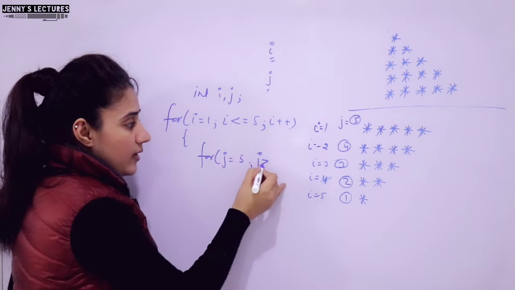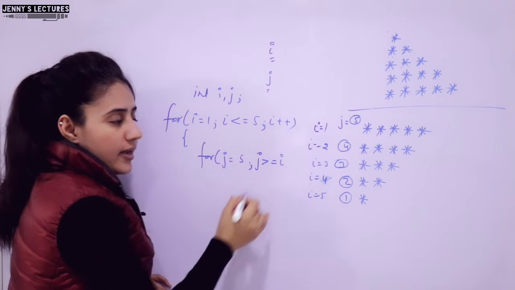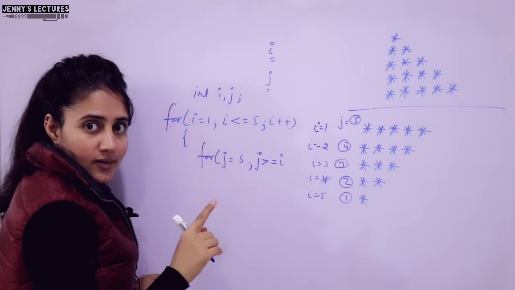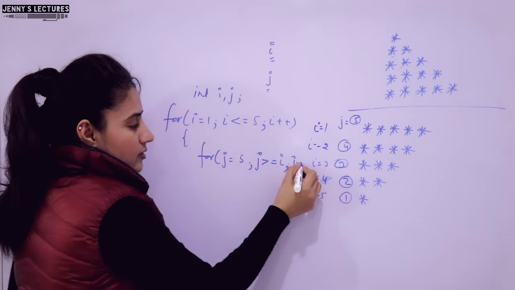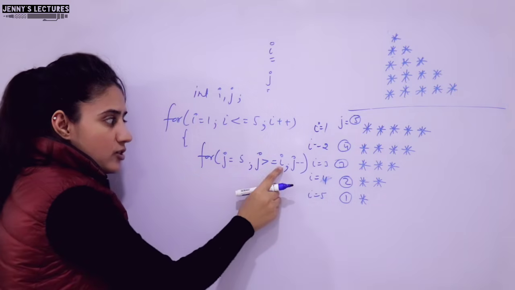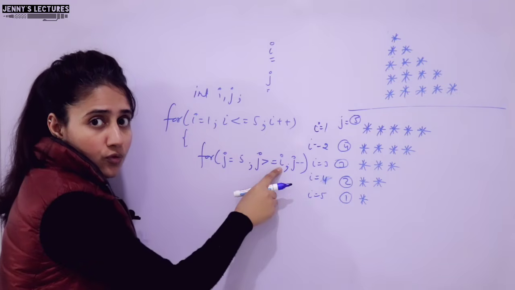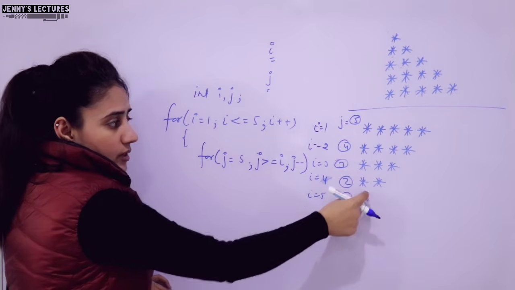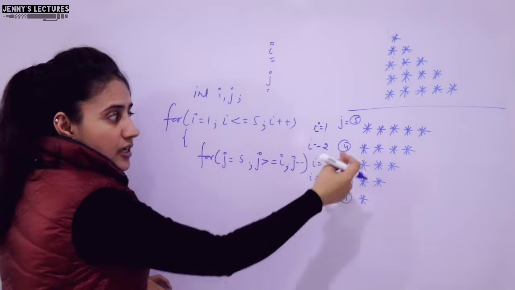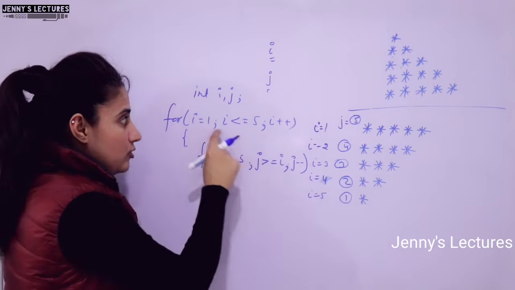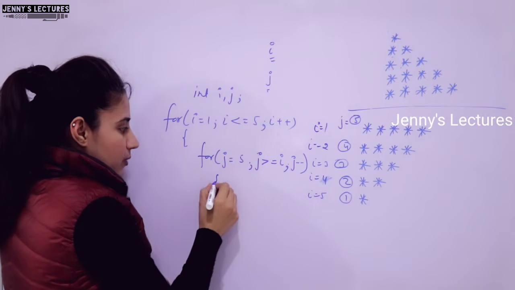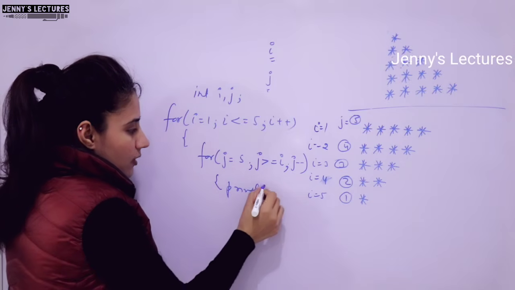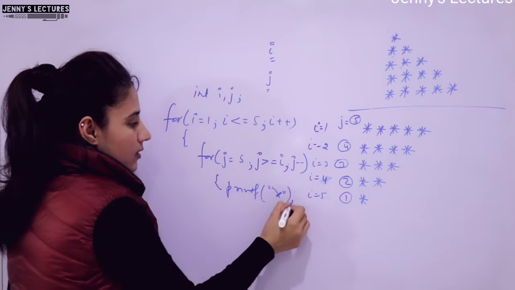The condition would be j greater than or equal to i. We cannot fix the decrement as 5 or 4, because the j value is changing in every line, so it depends on the value of i. So j greater than or equal to i and j minus minus, and now we are going to print a star.